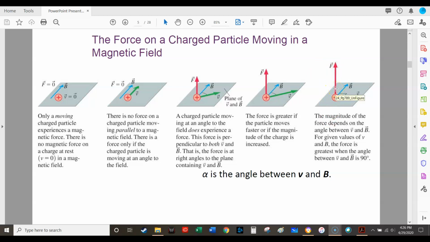And so that's what these two are representing: the closer the direction of that velocity is to perpendicular to the magnetic field, the larger the force.